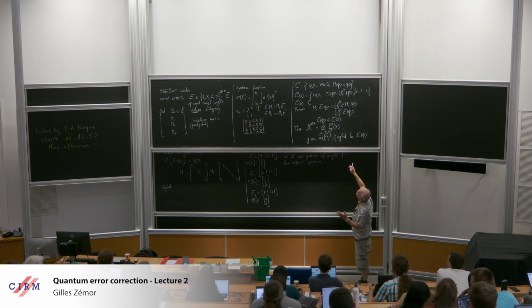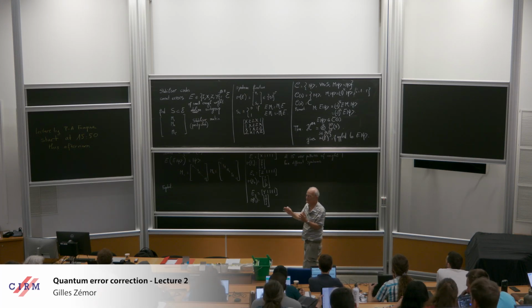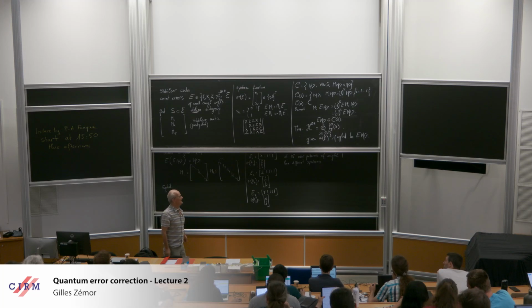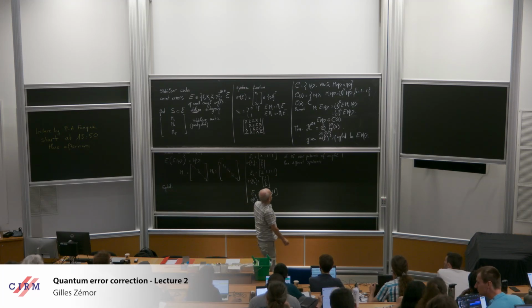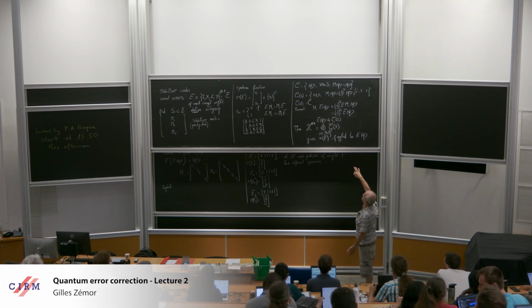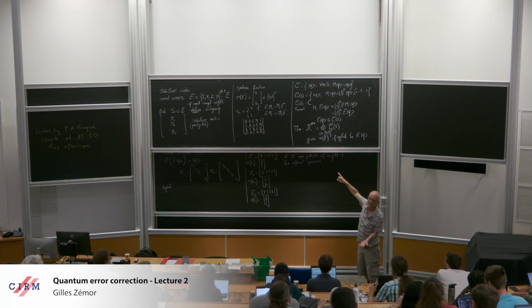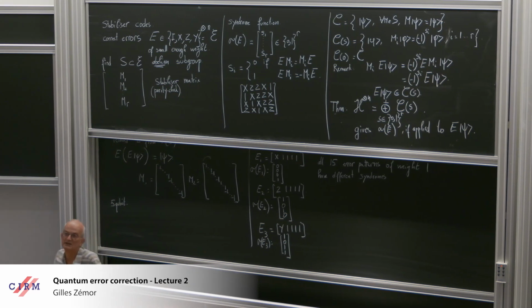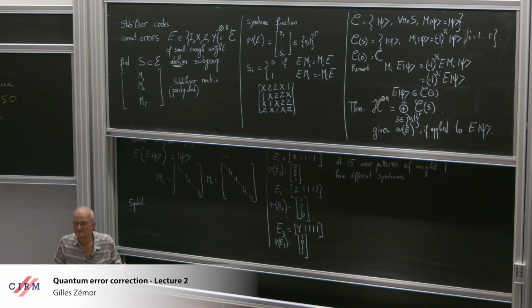So you should agree with me that we do have a direct sum decomposition because we have intersections of eigenspaces that are all described by the same orthogonal basis. What is not completely clear, possibly, is what are the dimensions of the C_S? So maybe if we're unlucky, the dimension of C_0, the code, is 0.